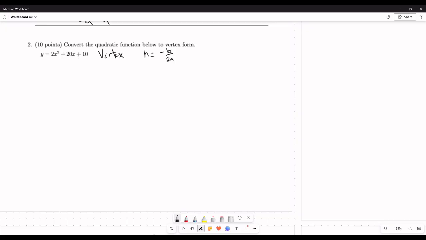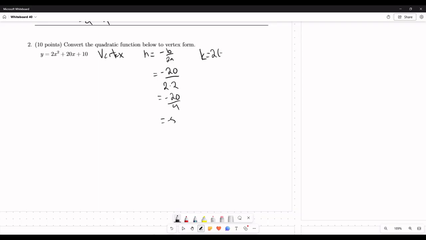So let's start with that. h equals negative b over 2a. That's going to be negative 20 over 2 times 2. That's negative 20 over 4, which equals negative 5. So I have h, and k is just going to be, I'm going to plug in negative 5 for x and see what I get.